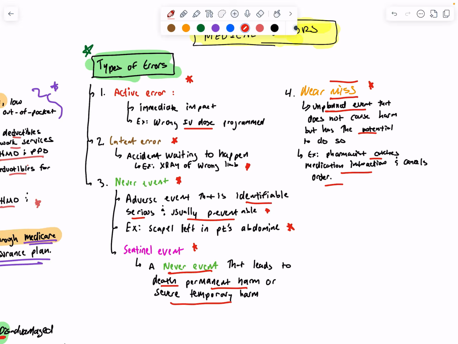So if it says, this person has a scalpel left in their abdomen, versus sentinel event might be this scalpel was left in their abdomen and it lacerated their kidney, and then they had bleeding into their abdominal cavity and they passed away. That would be a sentinel event versus just, there is a scalpel left in their abdomen.